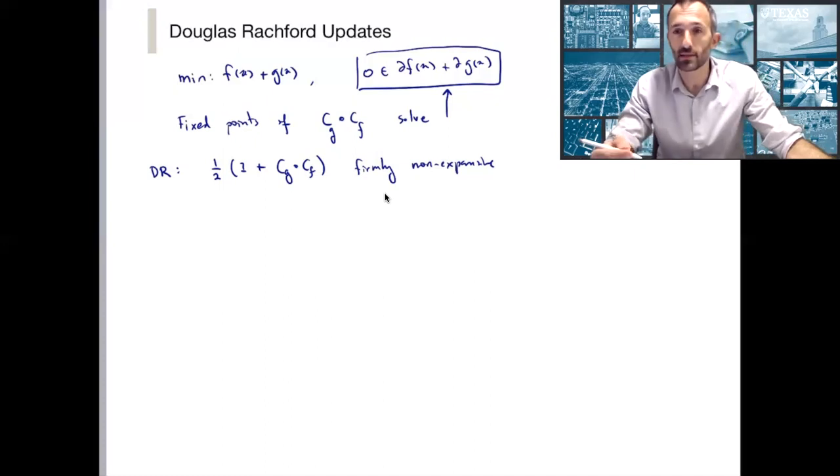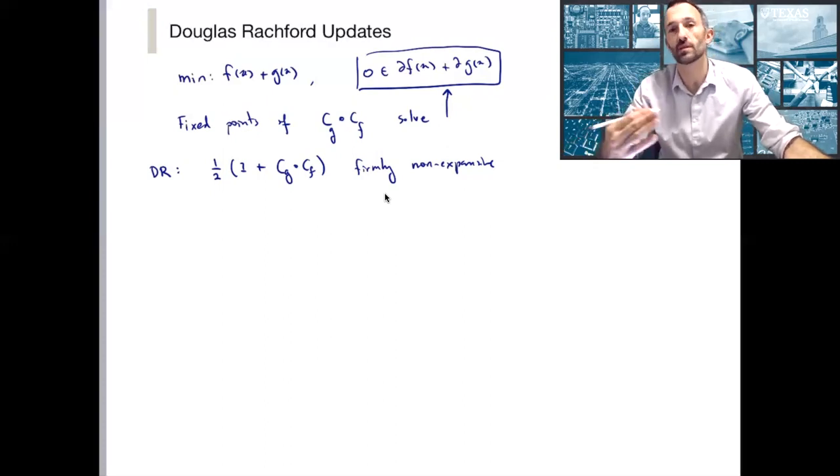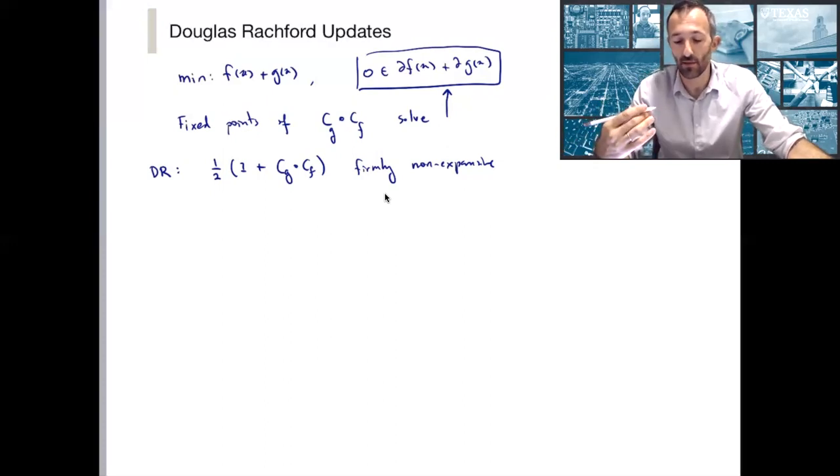And we saw that if we specialize it to the particular case where f and g are closed convex functions, as previous lectures explain, if a function f is convex, then its subdifferential is monotone. And if it is closed and convex, then its subdifferential is maximally monotone.